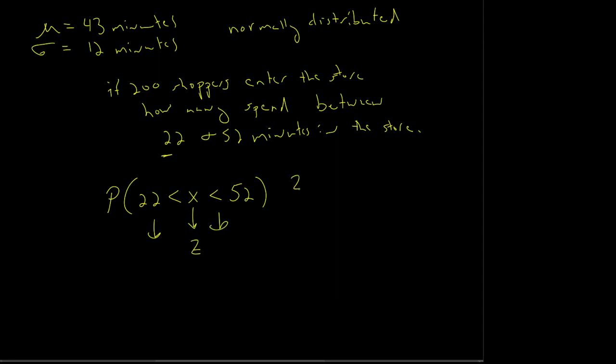And so our z of our lower score is going to be 22 minus the mean, right? Because our z is the x value minus the mean, divided by 12. What is that here? Let me play off the calculator. 22 minus 43 divided by 12.